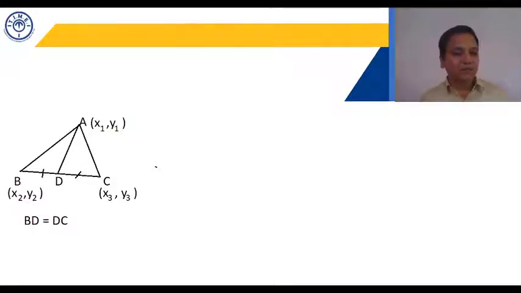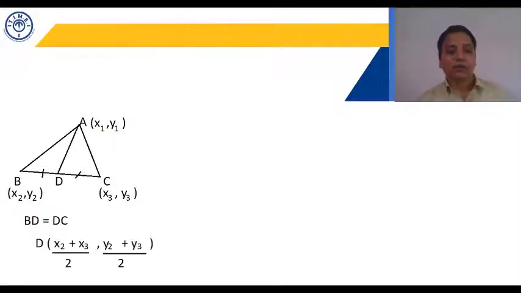So how many medians are possible in a triangle? There are three. One from vertex C, which divides AB into two equal parts. Another from vertex B, which divides AC into two equal parts. Now these three medians meet at a single point, which is called the centroid. That's the centroid of the triangle.